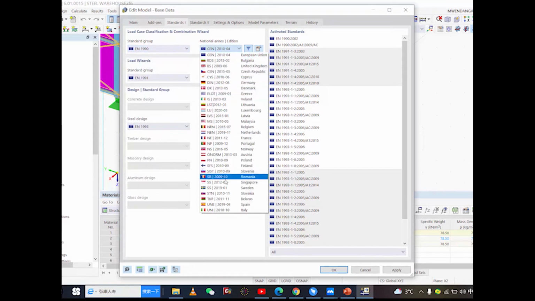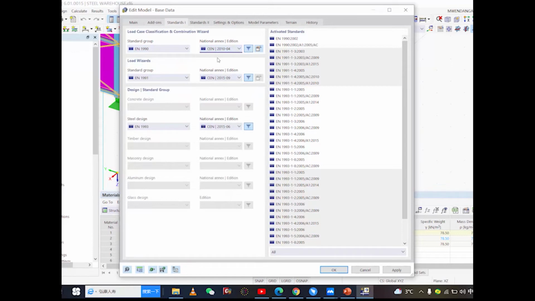Now for specific countries, for instance, we have here Germany, Cyprus, Denmark, Greece, Ireland, and so on. All of these building codes, you have to understand them and consider them before you start a design. These building codes are actually our law, our standard in structural design. We have to follow them before we start any kind of project.